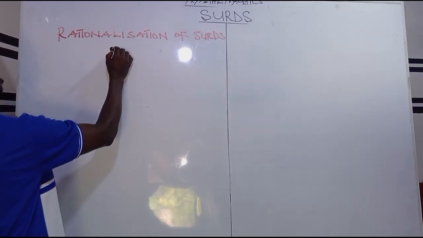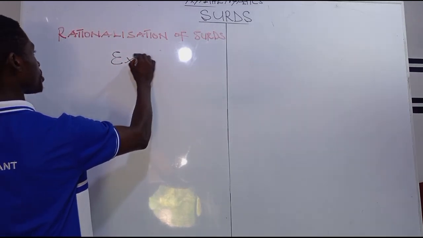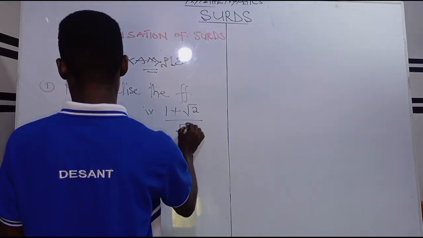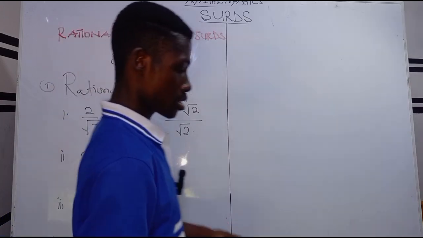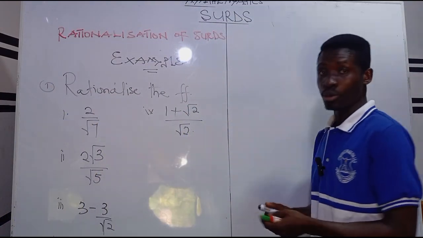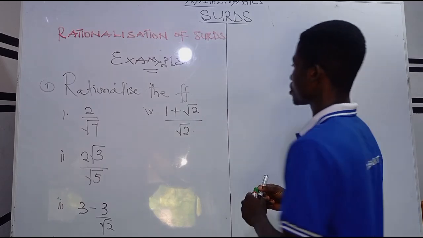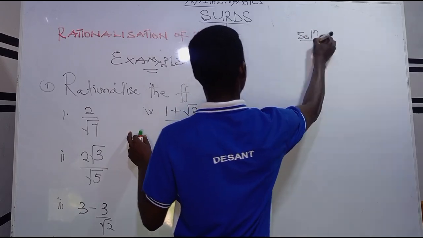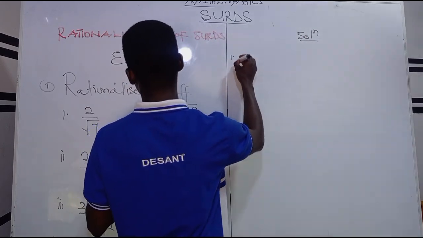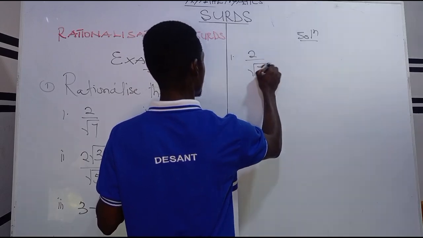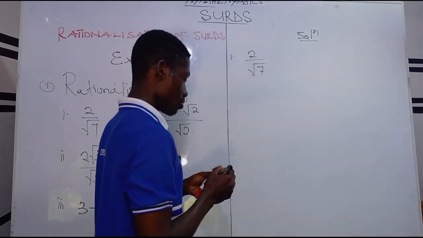So we have examples. So let's take these few examples and then we continue. Is that clear? Good. So we have the first example. We have our solution. The first example, we are to rationalize 2 over root of 7.